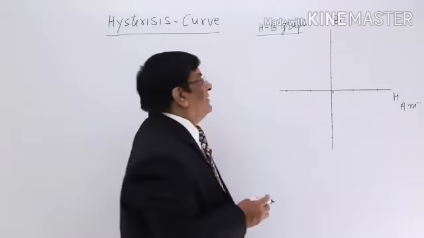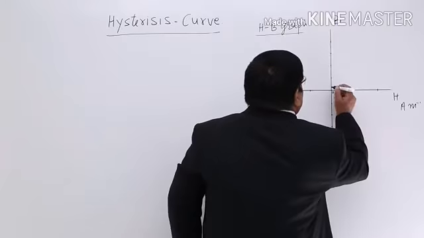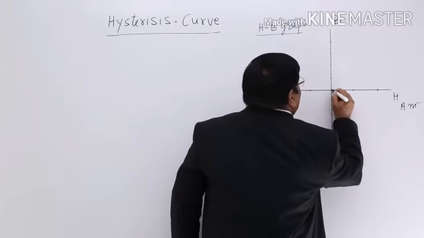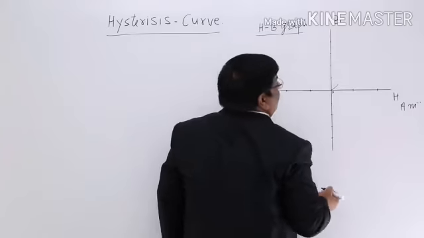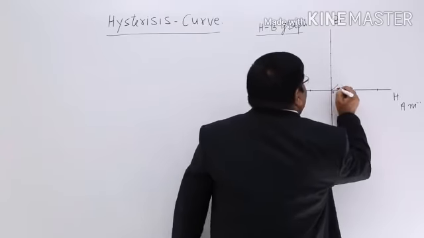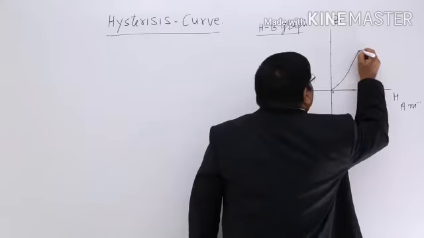What we find is that initially when we increase H, B also increases, and it gives us this curve. We go on drawing it and we find that it goes like this.